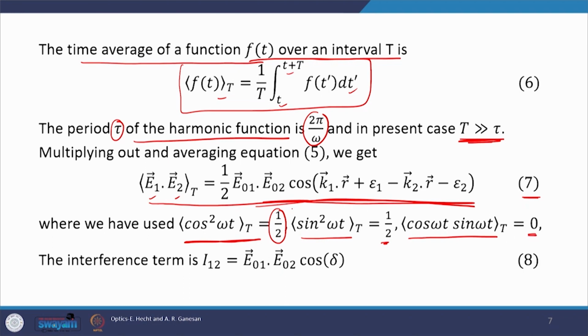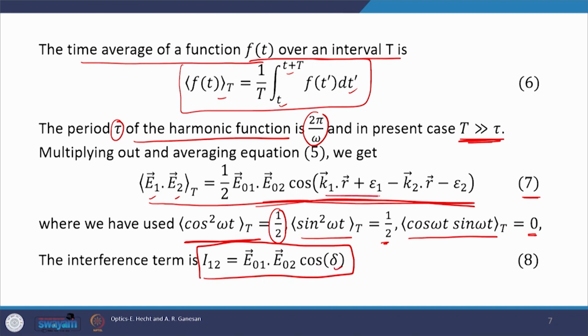Therefore, the resultant interference term, which is half of the time average of E1 dot E2, is equal to E01 dot E02 into cosine delta, where delta is the phase difference.